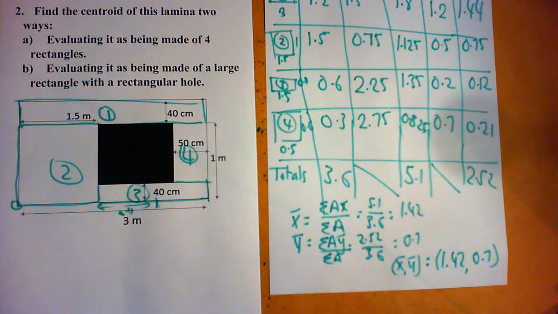If that hole wasn't there, x-bar would be 1.5, but because we've taken more of the mass out of that right hand end than the left hand end, the left is therefore heavier and the position of the centroid has shifted to the left.